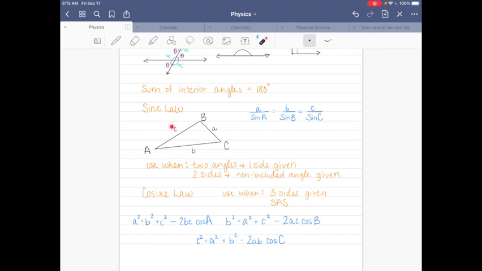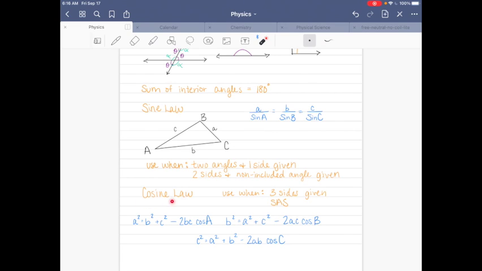So if I was given C and B, the included angle would be A because it's found between these two sides. So in order to use the sine law, I would need C and B, and then either angle B or C because they're not included in between C and B.